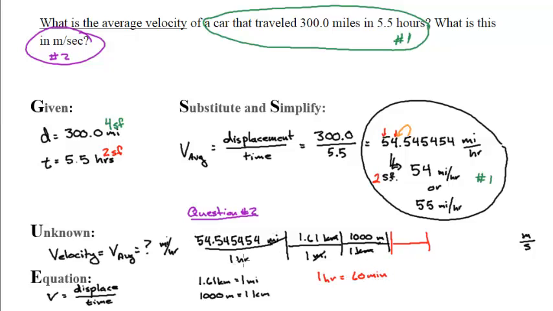And since hours is on the denominator here, I want hours in the numerator here, so that I can cancel. And I know that 1 minute equals 60 seconds. And so I'm going to put 1 minute over 60 seconds. These cancel, leaving me in the units that I want.